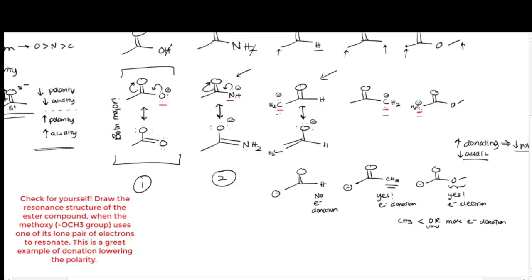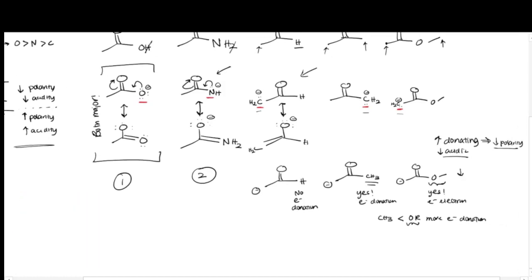Because the methoxy group donates more electrons, it's going to decrease the polarity even more. So if the ester side chain, which is the OR group, is decreasing the polarity even more, it's going to be lowering the acidity even more. So this acidity is going to be the lowest.